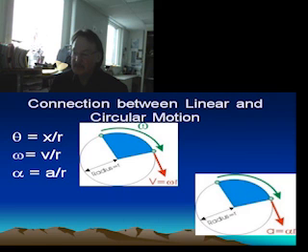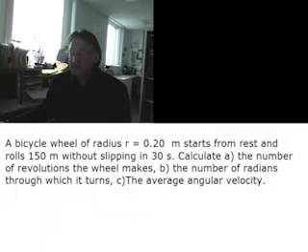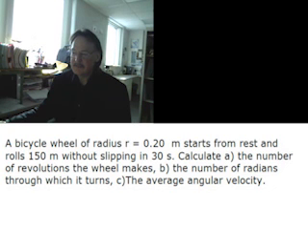So in order to travel 150 meters while rolling, the wheel has to turn through 750 radians to do that. Okay, well, let's see, that's the number of radians through which it turns. Oh, that's the answer to B, isn't it? There's B.